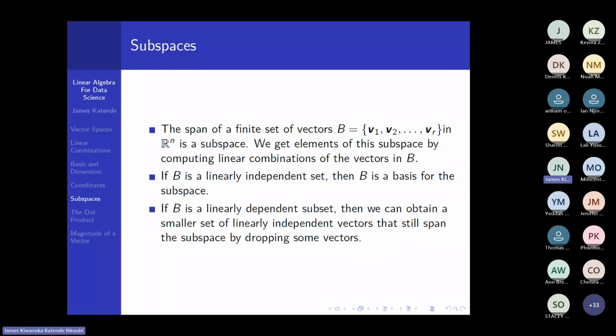So if you start out knowing that B is linearly independent, you can use it as a basis for the subspace of all linear combinations of the vectors in B. But if it is linearly dependent, then you can progressively throw away some vectors until you are left with only linearly independent vectors that still span the subspace.